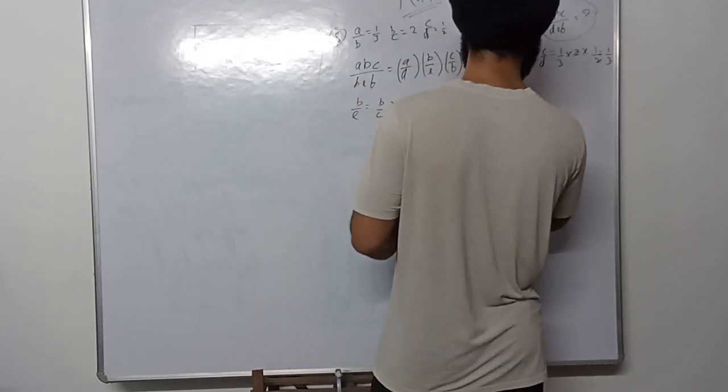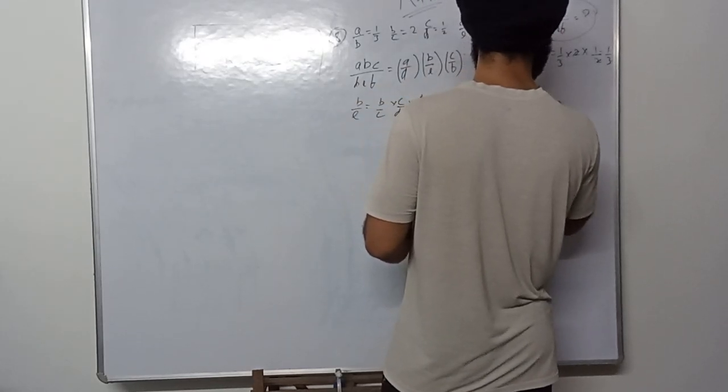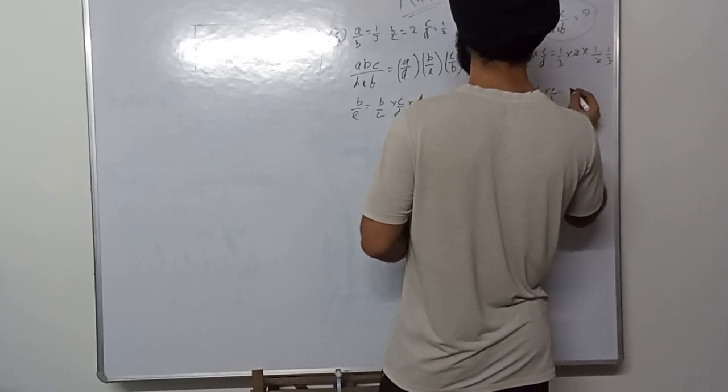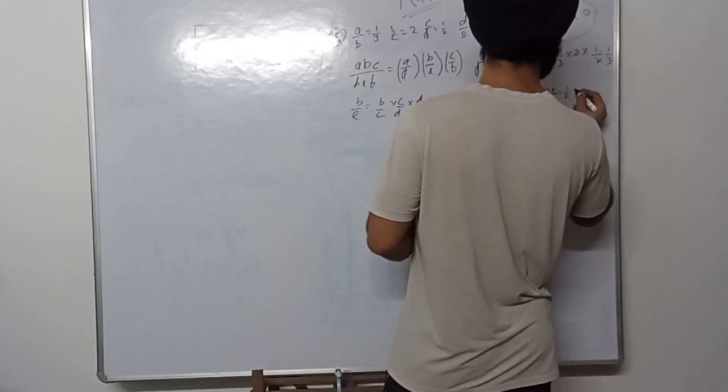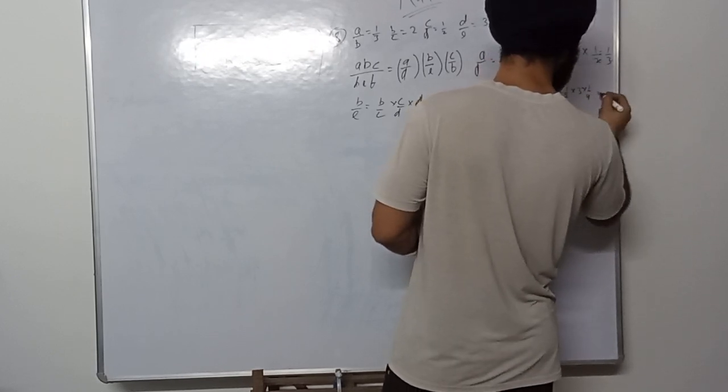So again C by F, C by F is equal to C by D, D by E, E by F, which is equal to 1 by 2, 3 into 1 by 4, its value is 3 by 8.